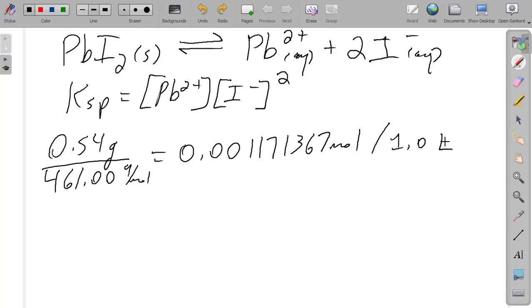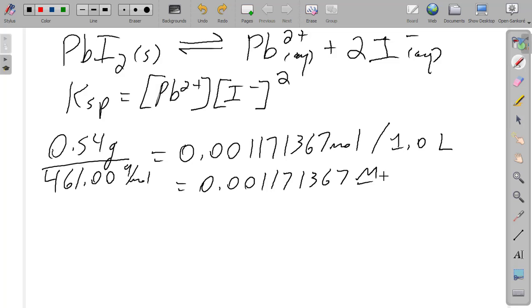That means then that the concentration of the lead 2 iodide is 0.001171367 molar at 25 degrees Celsius. Okay, so now in order to calculate this, we have to make some logical connections.